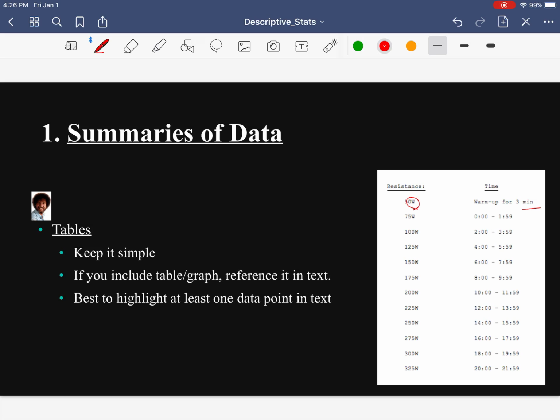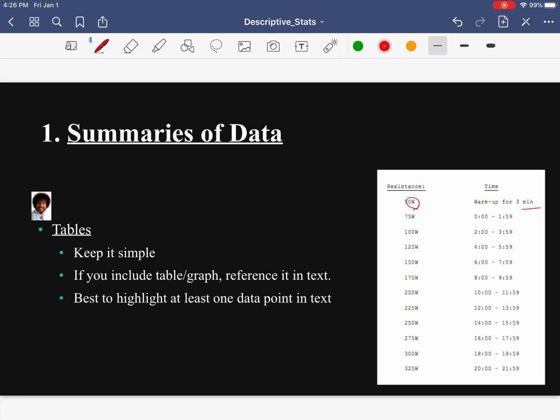When you're actually writing something up, we tend to have certain rules that we kind of follow. So when you're writing up a study or a lit review or whatever, if you include a table, you're going to want to reference it in the text. As we can see from table 1, or you could say, the protocol used in the research study is described in table 1, and that'll point the reader to it.